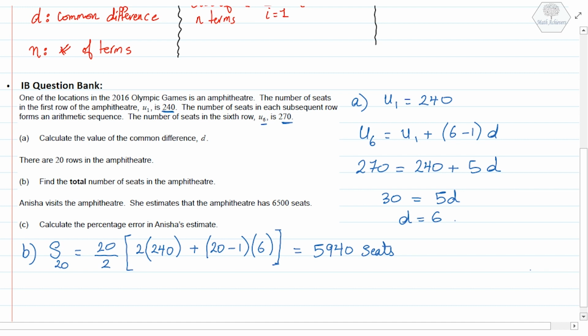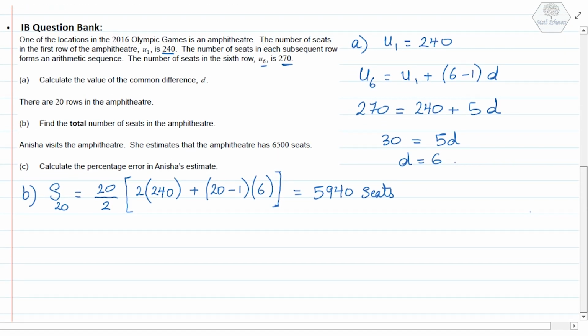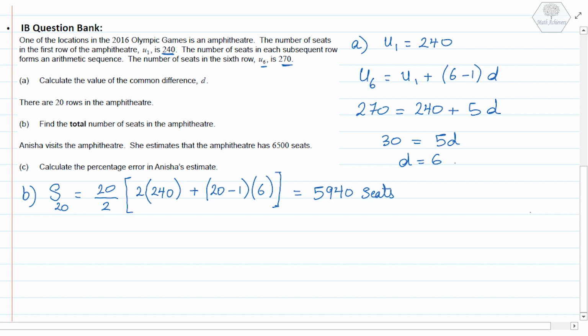Let's go to part C now. Anisha visits the amphitheater. She estimates that the amphitheater has 6,500 seats. Calculate the percentage error in Anisha's estimate.